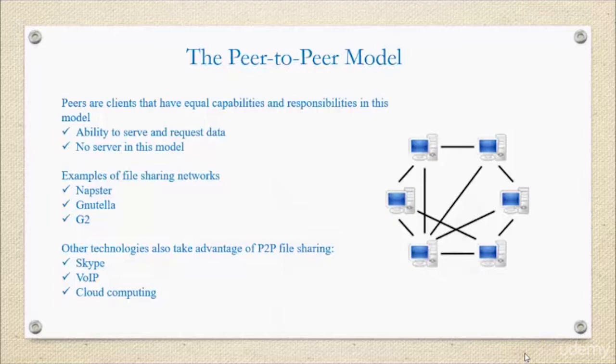You may also find file sharing networks like Napster. I'm not sure if some of you remember Napster if you're old enough. I think it's still around, just in a different form. And then you have Gnutella and G2. But what you need to remember is that each computer accesses and requests data from its peers and not from a server. So there are two different models that you'll see on your journey through networking: a client-server model and a peer-to-peer model.